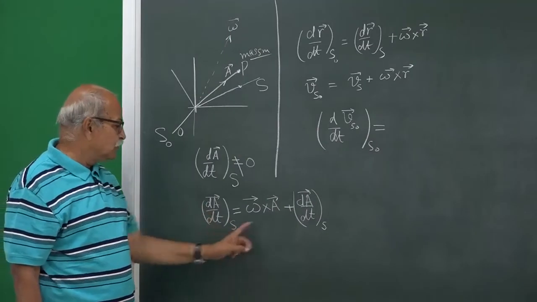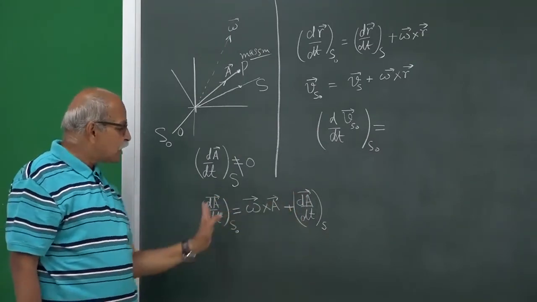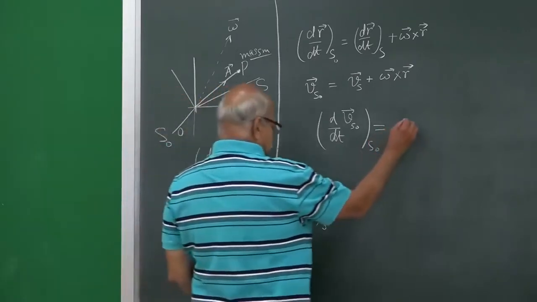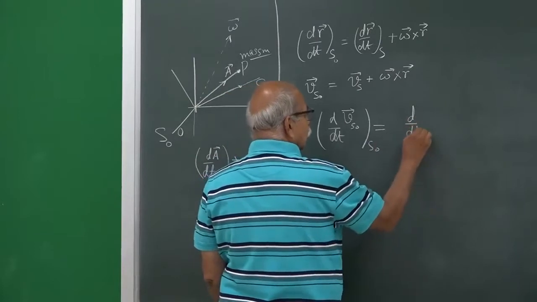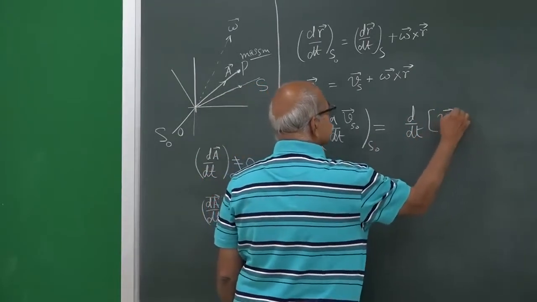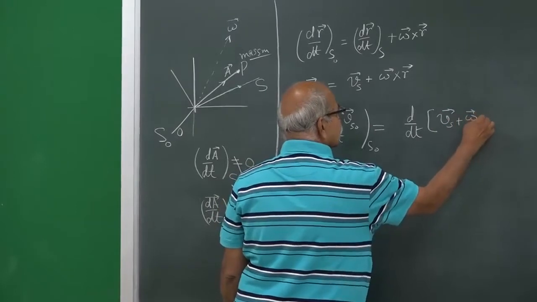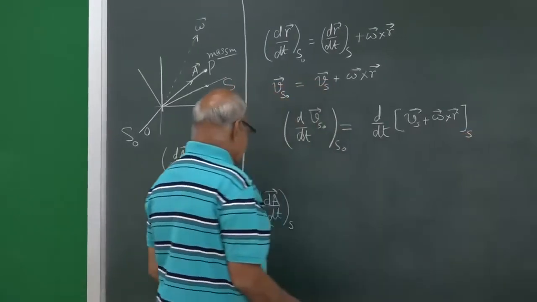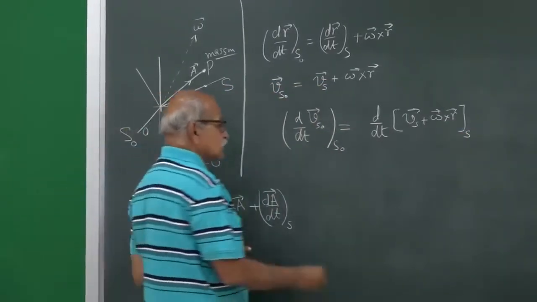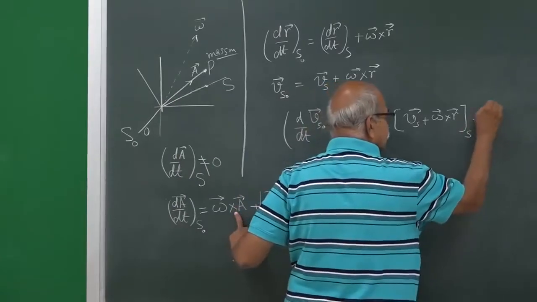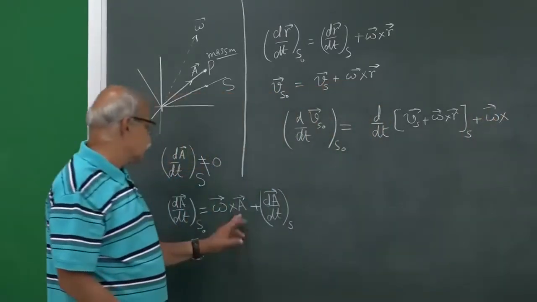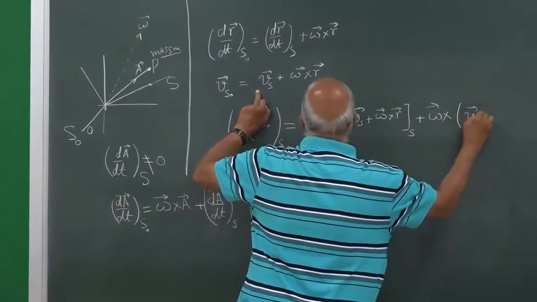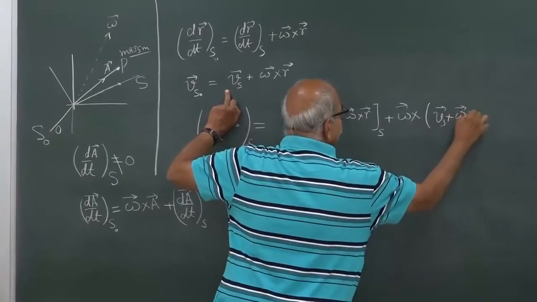So, what do we have to do? This whole quantity which I want to differentiate, I have to differentiate in S frame. So, d/dt of V s plus omega cross r in S frame, and then plus omega cross this whole vector, V s plus omega cross r.